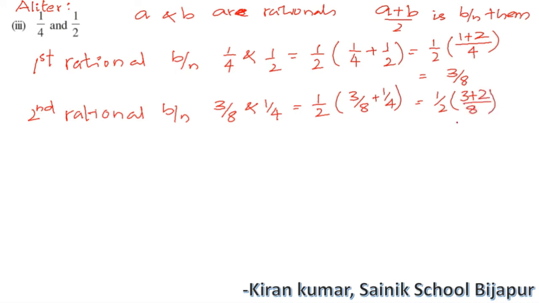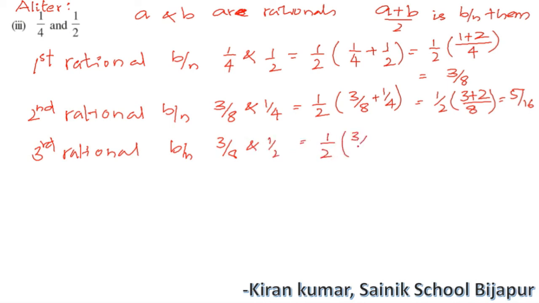We get 5 by 16. The third rational I'm going to find between 3 by 8 and 1 by 2. That will be half of 3 by 8 plus 1 by 2. The LCM is 8. When 8 is the LCM, we have 3 plus 4, which is 7 by 16.